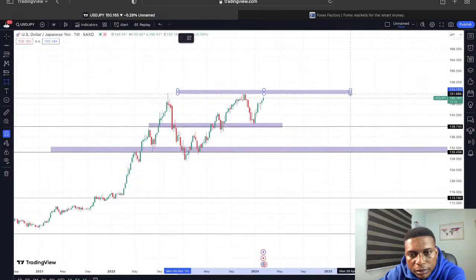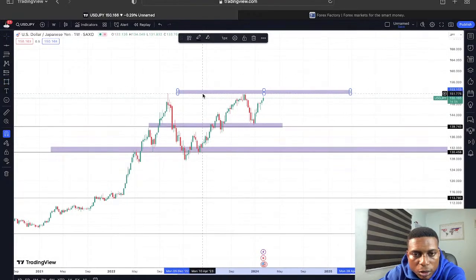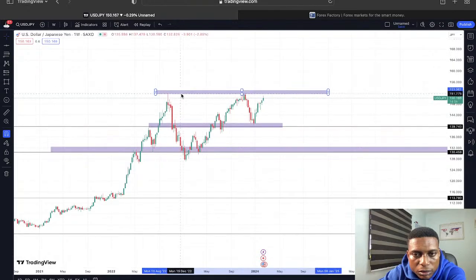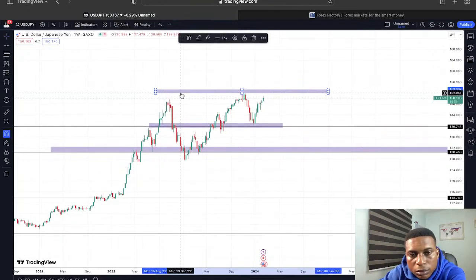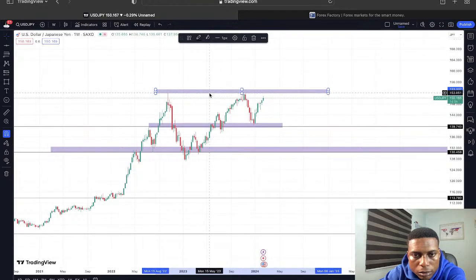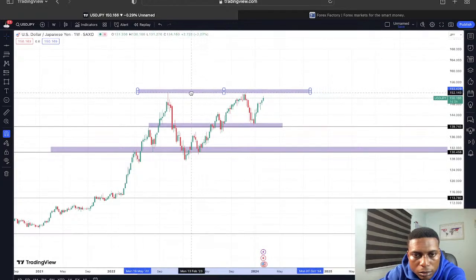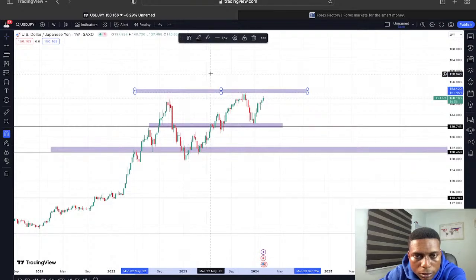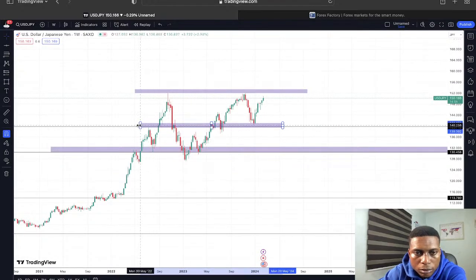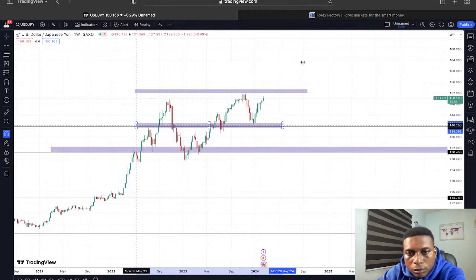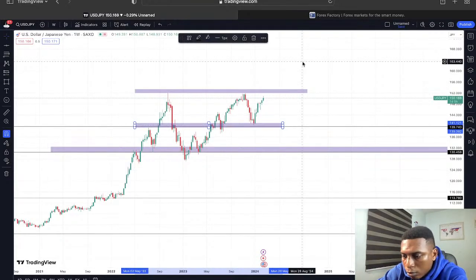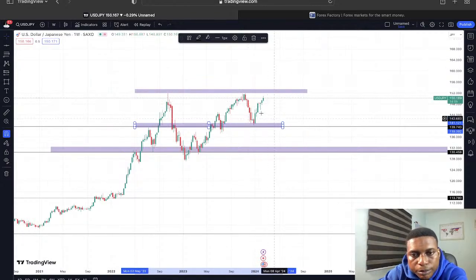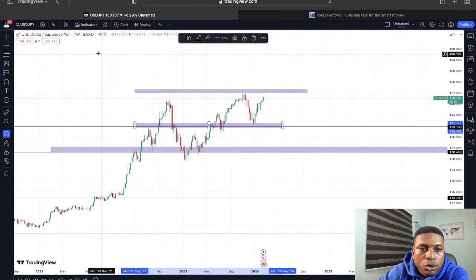You can see these levels are all-time high levels. So we are here now.